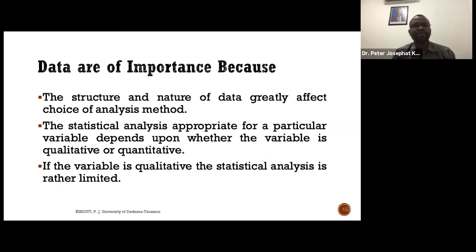Or have you grouped them? It is recommended that you collect the actual values of ages so that you can have a rich array of statistical analysis, rather than grouping into age groups and then collecting data. The analysis will be limited, because you'll only have the age groups, even though you could have collected the actual years from the respondents.